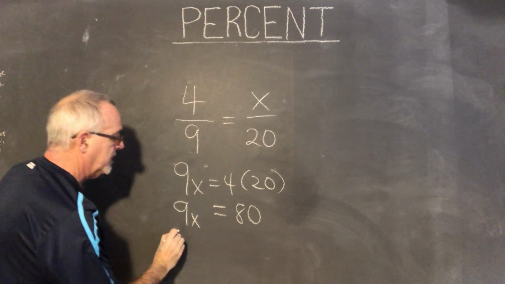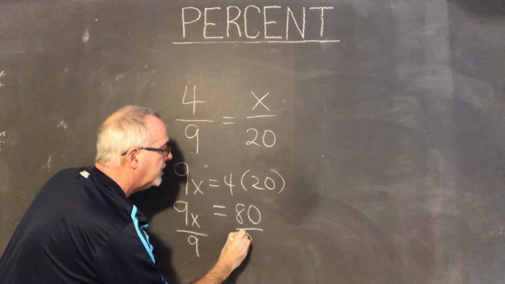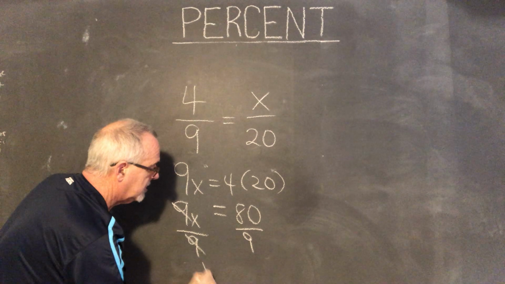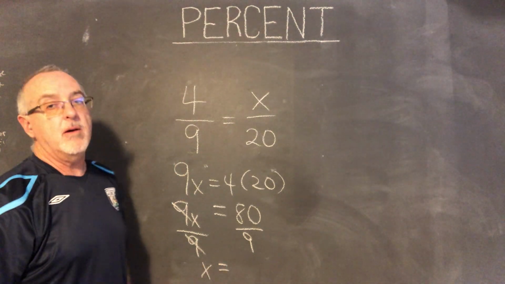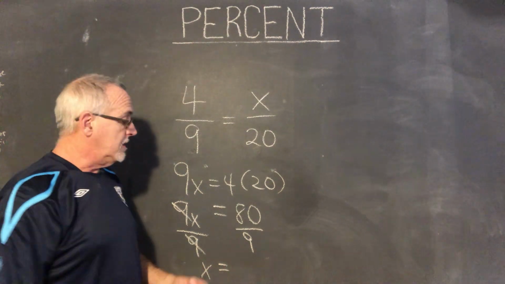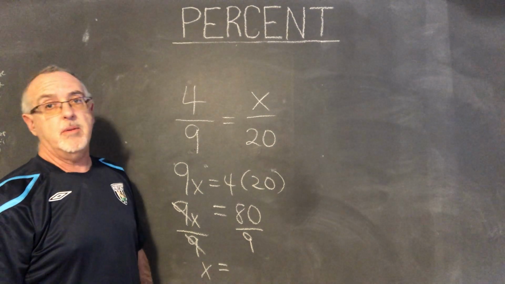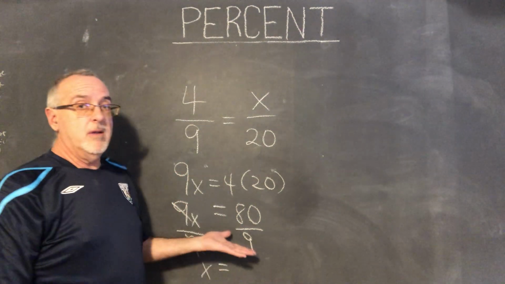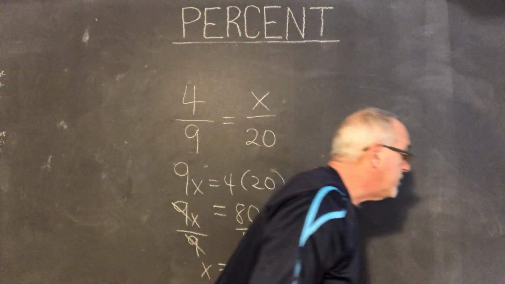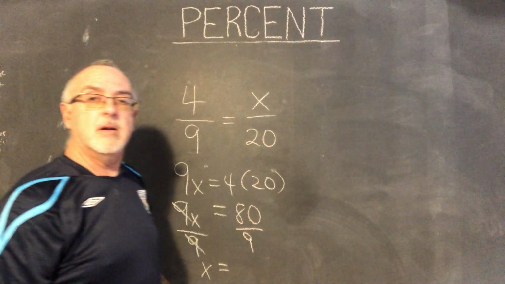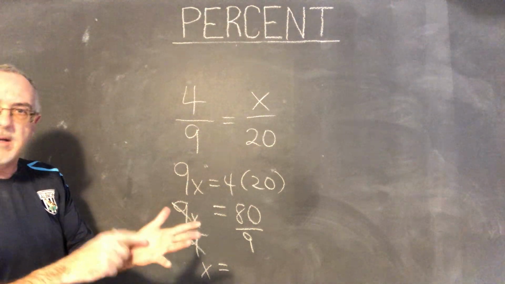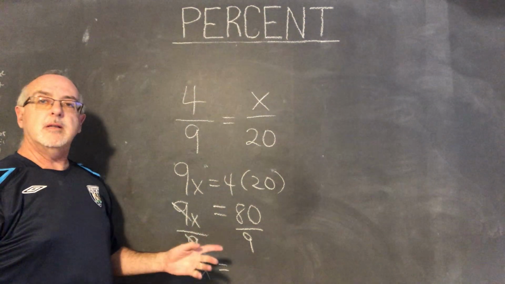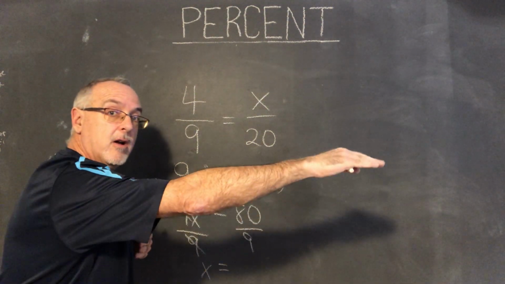We're going to end up with a decimal, aren't we? We're dividing both sides by 9. X is isolated. 80 divided by 9. Now 81 divided by 9 would give a nice whole number. It would give 9, but 80 divided by 9 has to give a number that's a little less than 9, but it's going to be more than 8. So 80 divided by 9, oh, it gives us that decimal, and of course, yes, get the calculator and use it. It gives us a decimal that goes on and on.